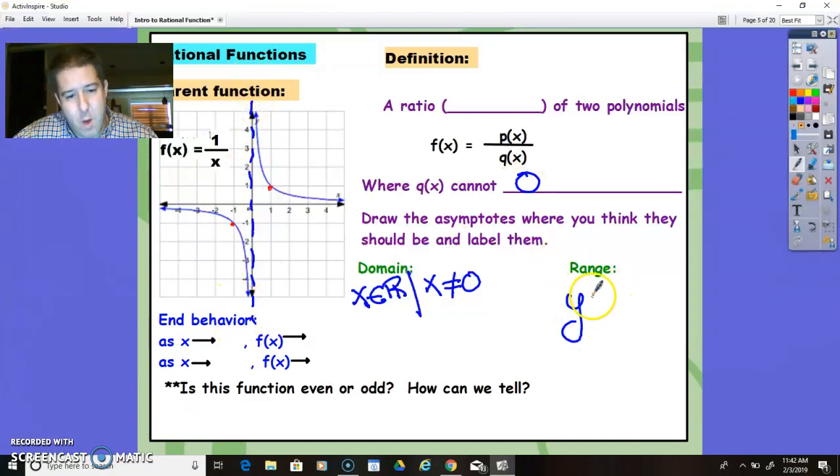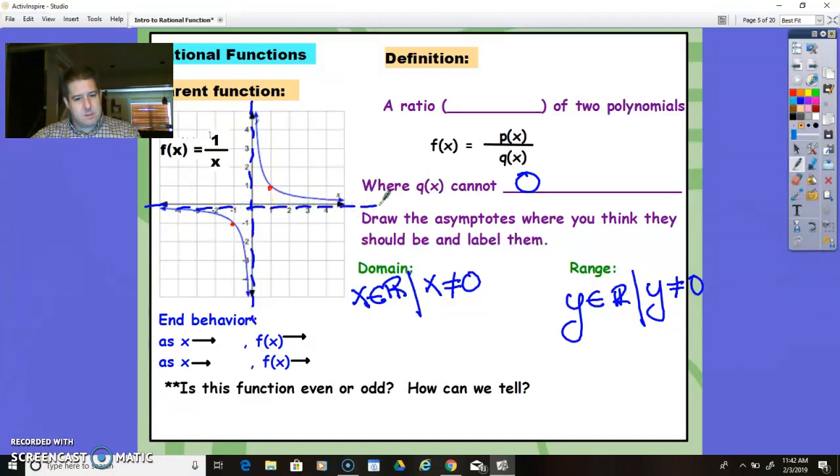Range, same thing. y can be the set of all real numbers in which y cannot be 0 either, because once again, that has the x equals 0, y equals 0 asymptote, that horizontal asymptote, which tells you that no matter if you go further left or right, it doesn't matter which piece you use, you're never going to hit that 0 asymptote.